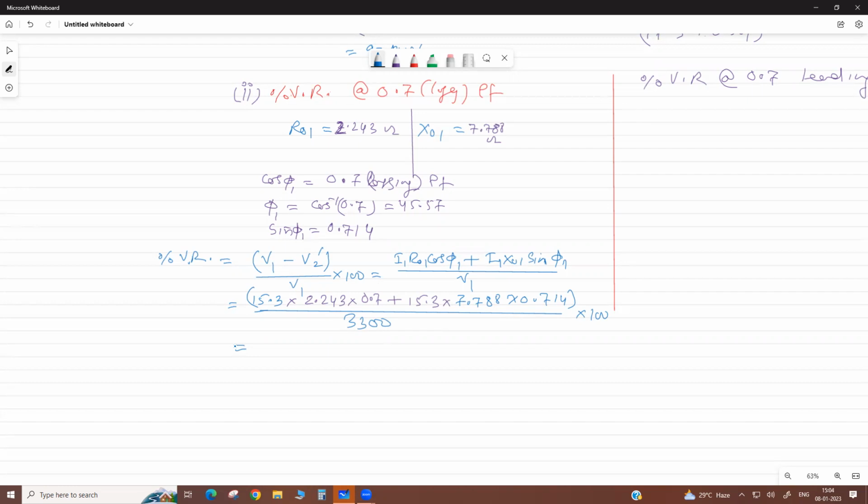0.714 is your sin phi, into 7.788 into 15.3, plus 15.3 into 2.243 into 0.7.